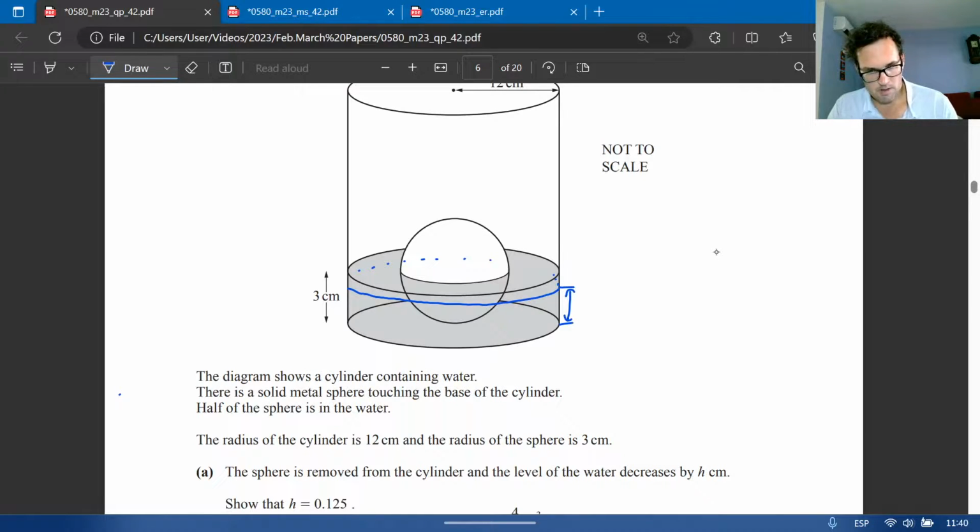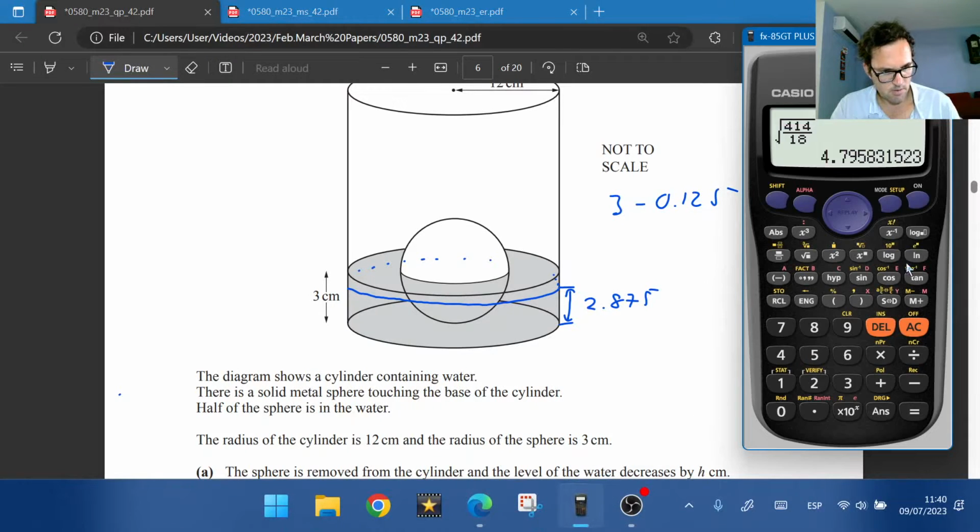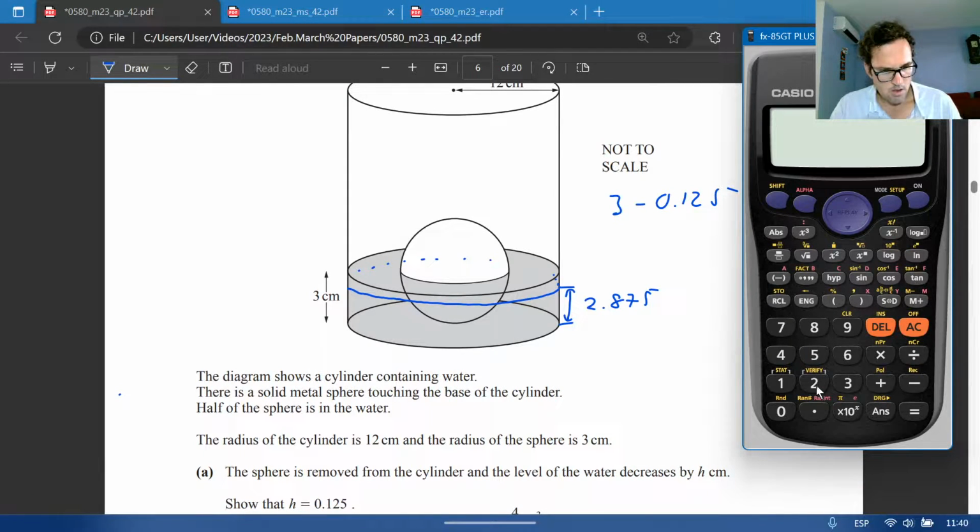What is 3 minus 0.125? I think it is 2.875. Check. 3 minus 0.125.